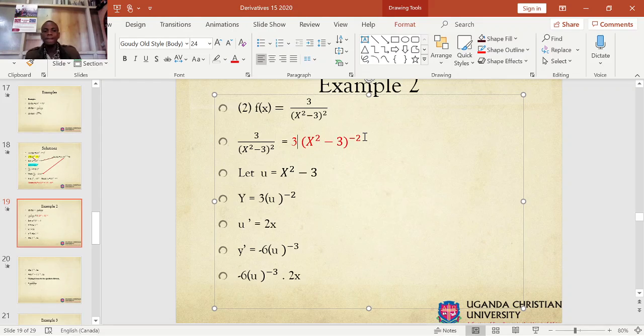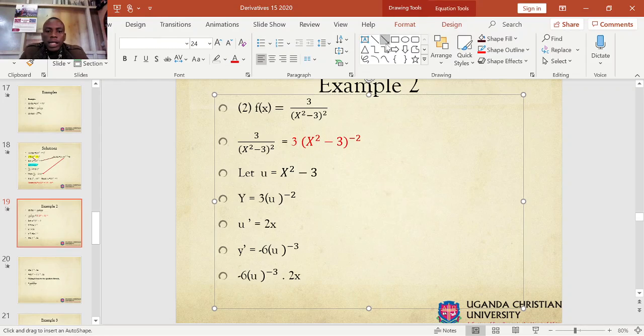Like we said, for the chain rule, you identify the outer and then the inner. In this case, let the inner function be u, that is, let u be equivalent to x squared minus 3.